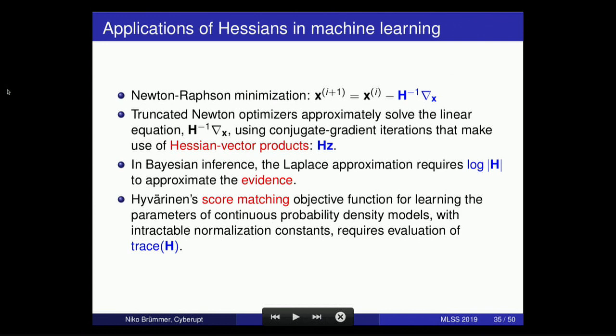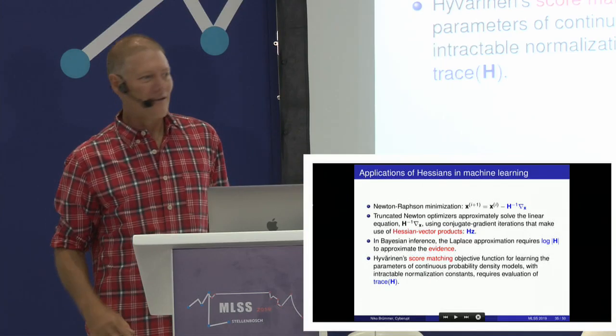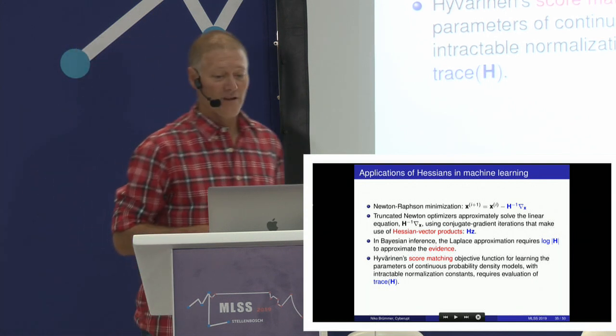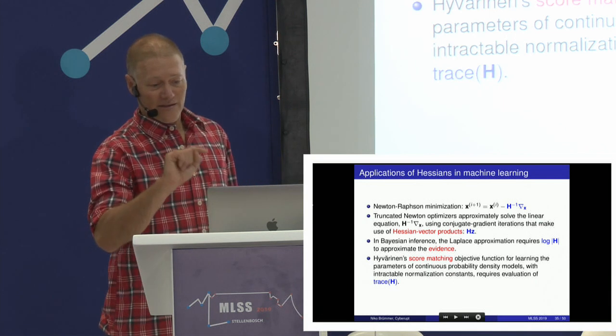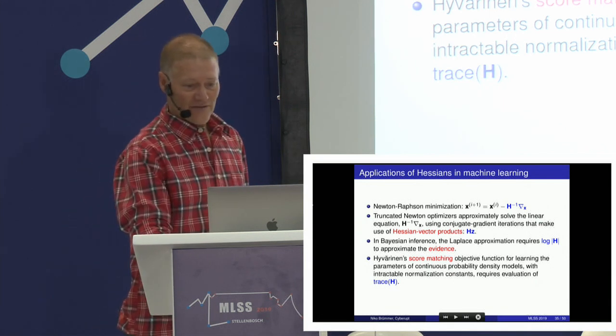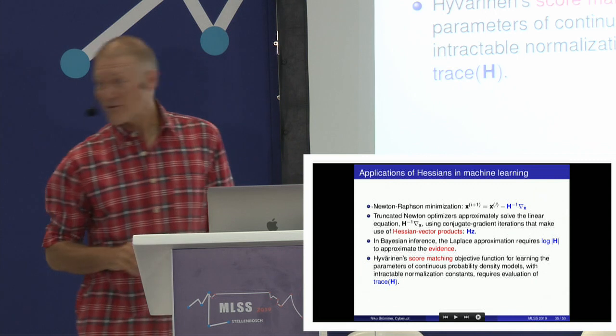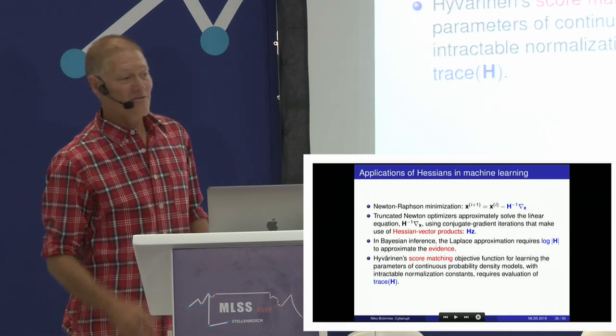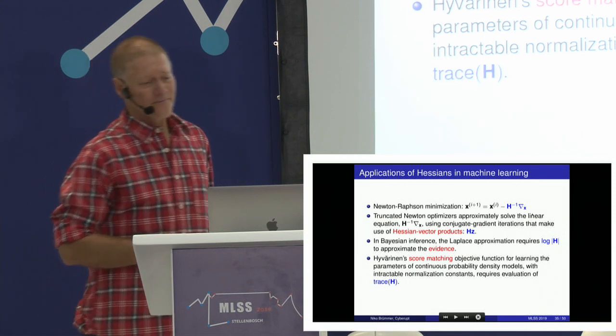Trust region algorithms are really powerful. They can minimize non-convex optimization functions. They can even escape really nicely from saddle points and maxima, and they just go downhill. But the problem with those algorithms is this linear equation which you have to solve involving the Hessian. If the Hessian is large, you just can't do it exactly.